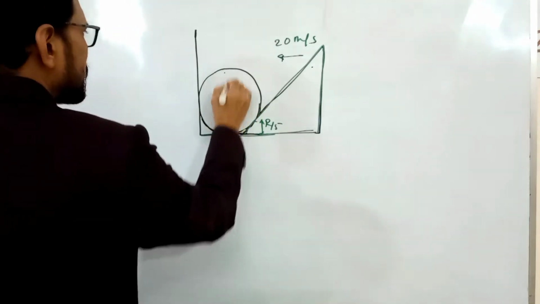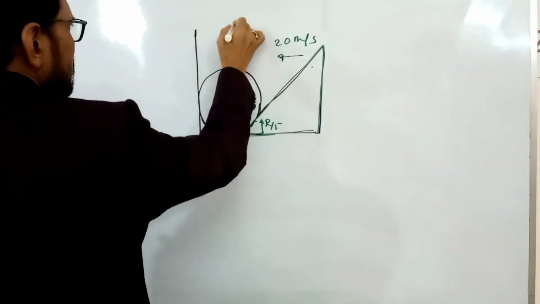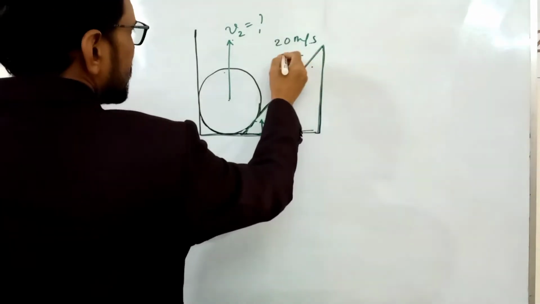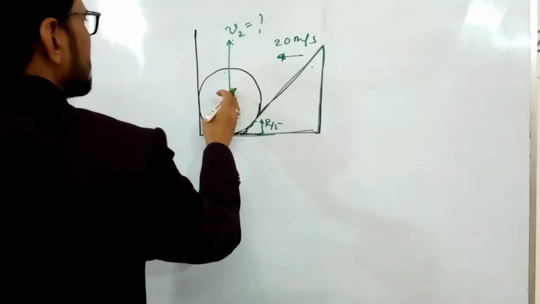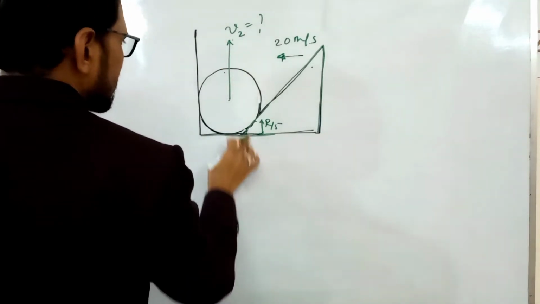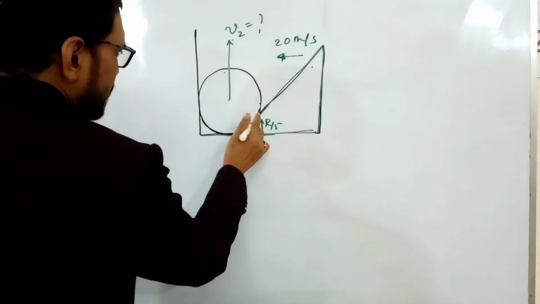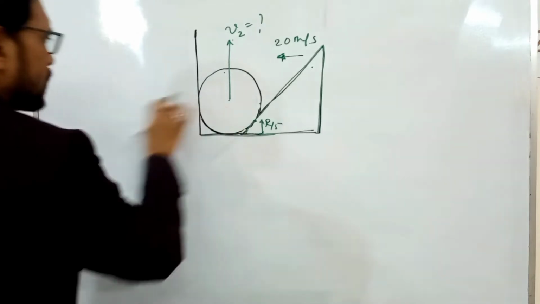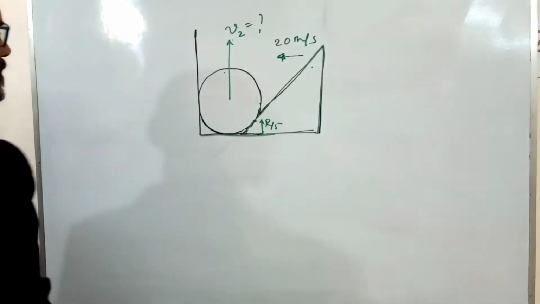Now what is the velocity of the block along this direction? Suppose this is v2. This wedge moves in this direction. The velocity of the sphere along this direction equals what? The contact of sphere and wedge is at a distance r by 5 from the ground.